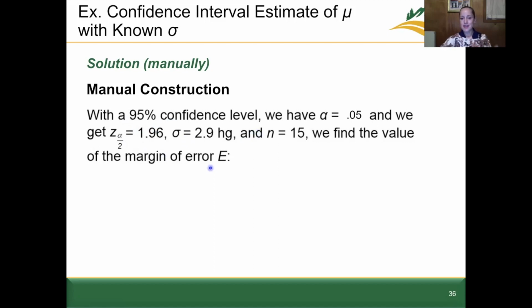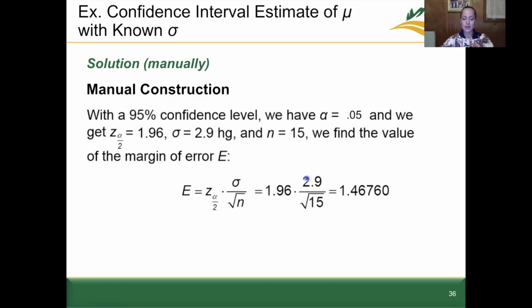So instead of using Excel to solve for E, we can do this manually by using this formula. We want to find E is equal to this critical value as far as a z-score multiplied by sigma all over the square root of n. If we plug in the values that we know, our critical value is 1.96. We know our standard deviation for the population is 2.9.